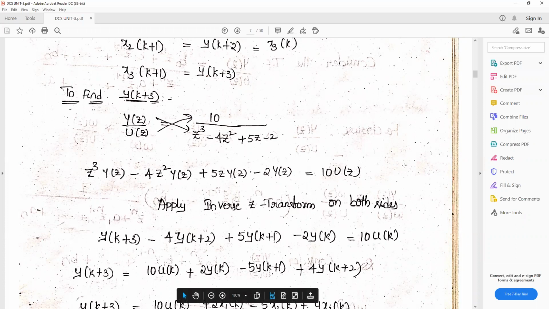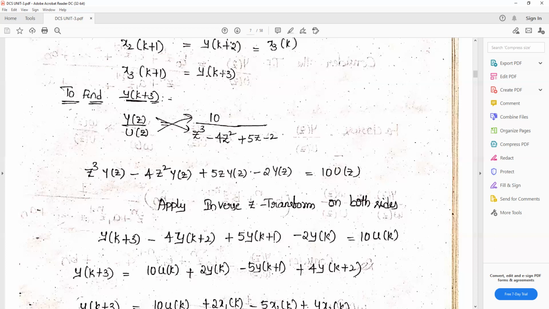In this equation, which is the transfer function, apply the inverse z transform on both sides. Z cube, since the order of the system is 3, becomes y of k plus 3. We already saw x3 of k plus 1 is equal to y of k plus 3.